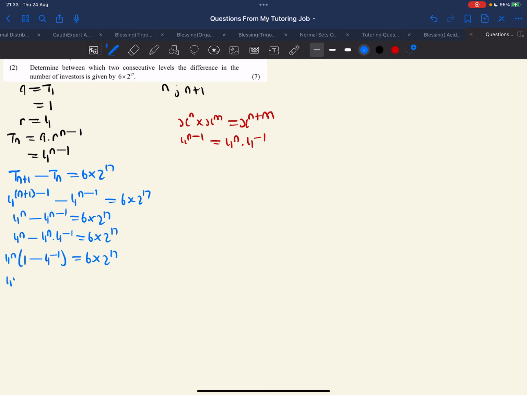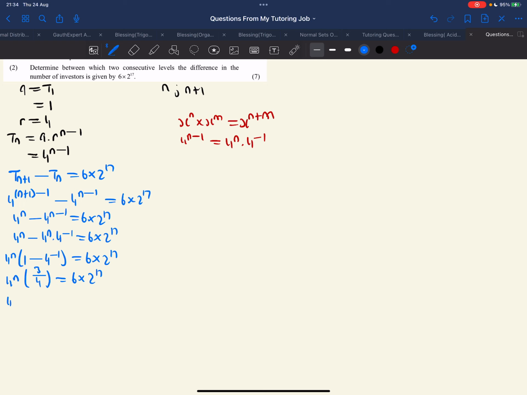Then, if we use a calculator, 1 minus 4 to the power of minus 1 gives 3 over 4, so 4 to the power of n times 3 over 4 equals 6 times 2 to the power of 17. To get rid of that 3 over 4, we multiply both sides by the reciprocal.